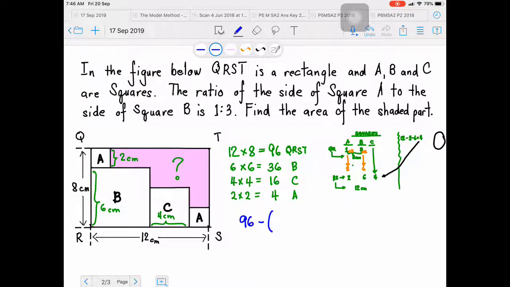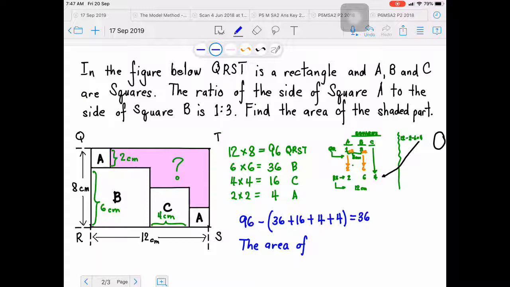So 96 now minus the sum of 36 plus 16 plus 4 and another 4 because there are two squares A, and we get the area of the unshaded portion, which is 36 square centimeters.